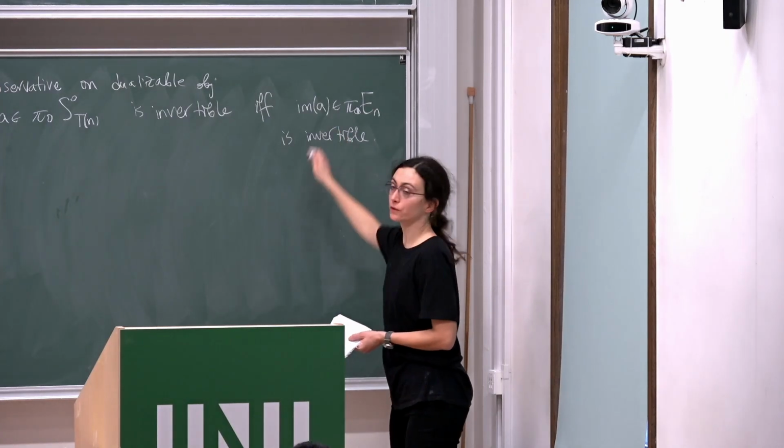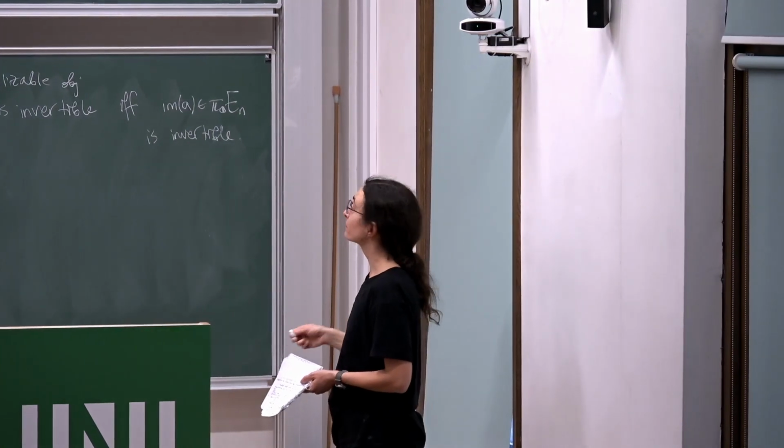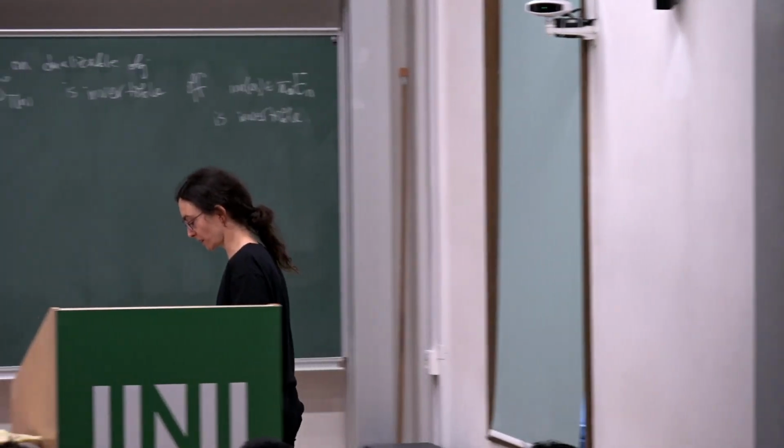So that image is also going to land in the invariants for our Morava stabilizer group action, and there are not that many of those invertible objects.